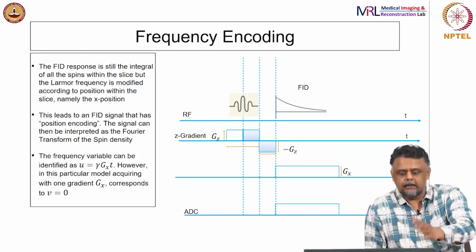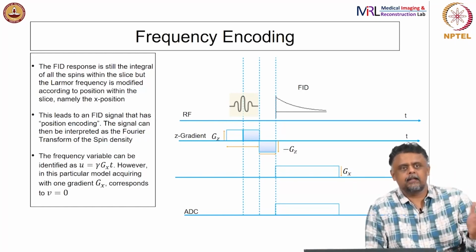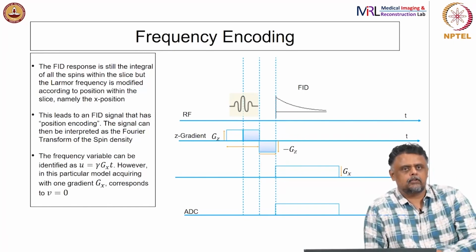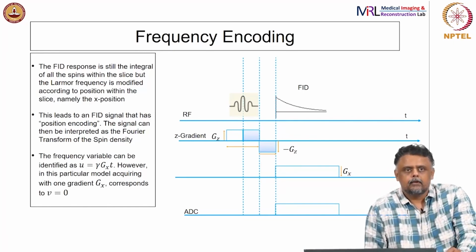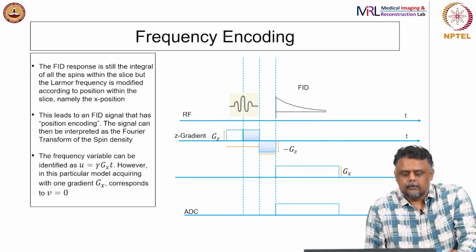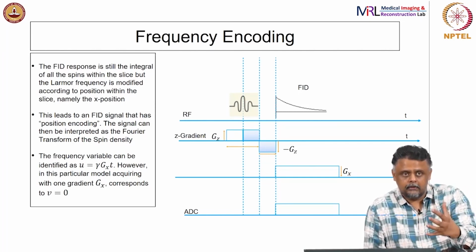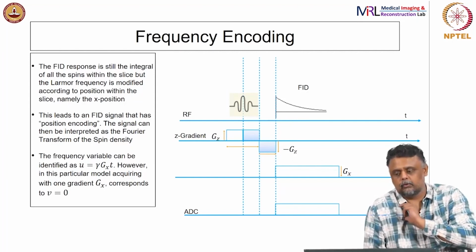And we saw that this signal can be interpreted as the Fourier transform of this spin density, in this case which is m, and of course, it also is a function of T2, right. The frequency variable we identified as gamma Gx t. However, in this particular acquisition mode with one gradient, it corresponds to V equal to 0, right.